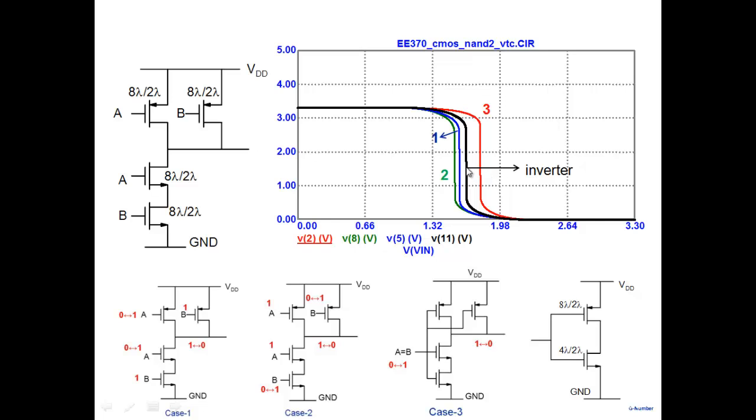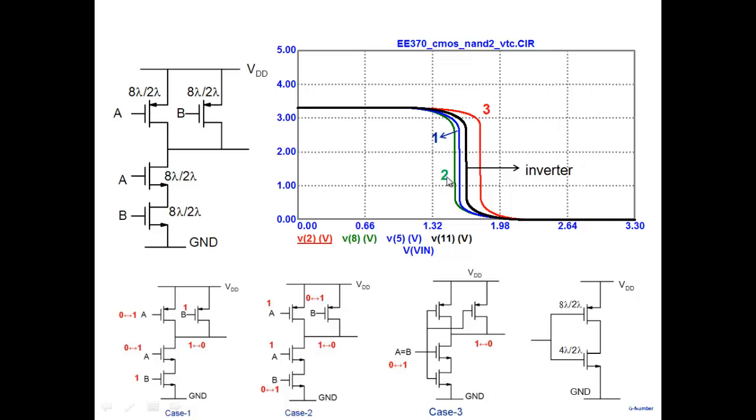Now, for the NAND gate, case 1, case 2 and case 3 are shown here. Case 1 is here, case 2 is here and case 3 is here. None of them are in the middle. Why? Because remember we designed our NAND gate with delay in mind. We were keeping pull down strength and all that. We didn't design it for the VTC, and note that it's not possible to keep the VTC in the middle because there are 3 VTCs.